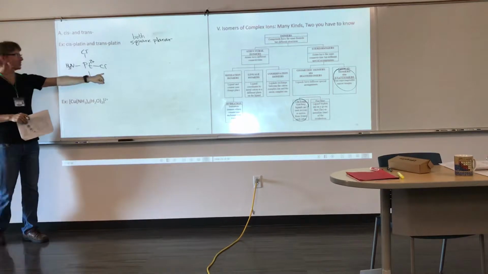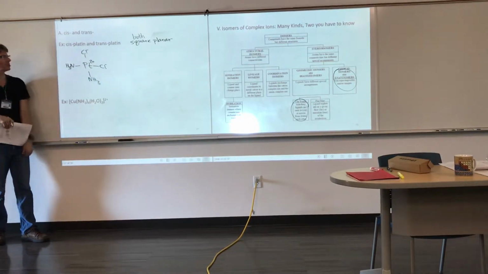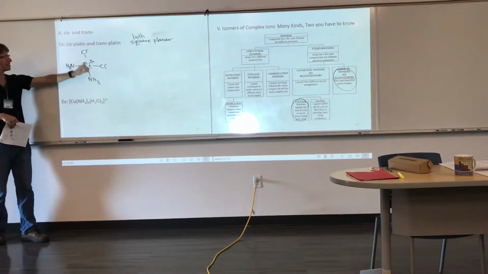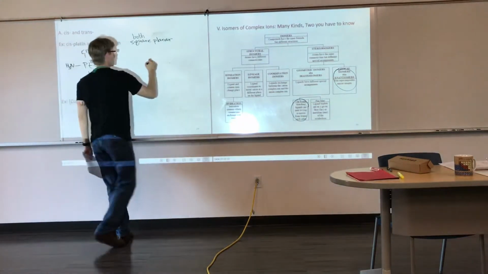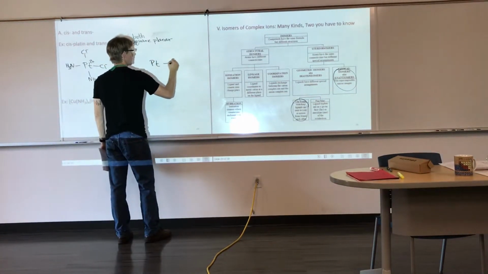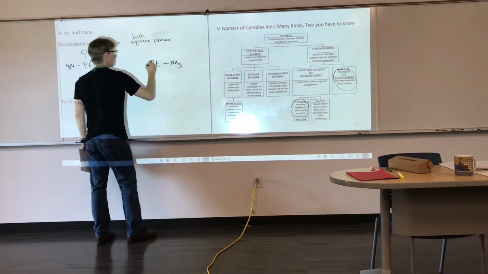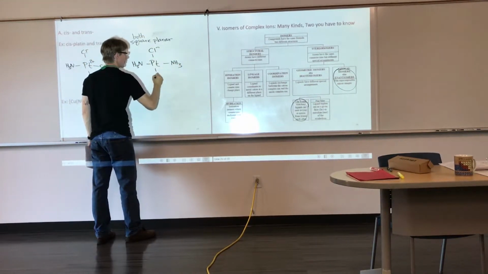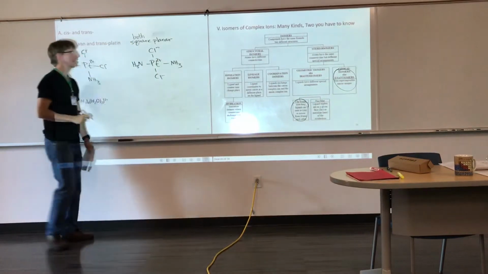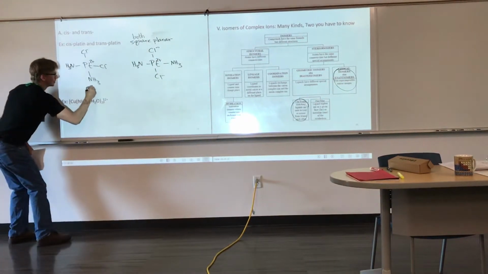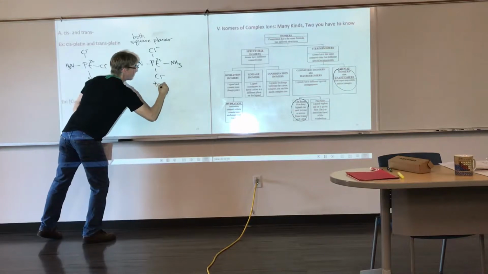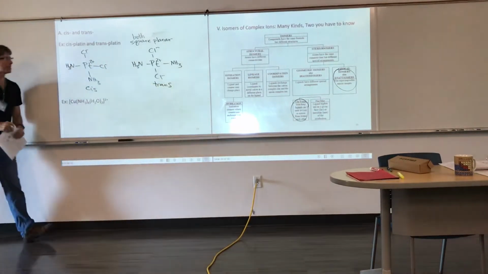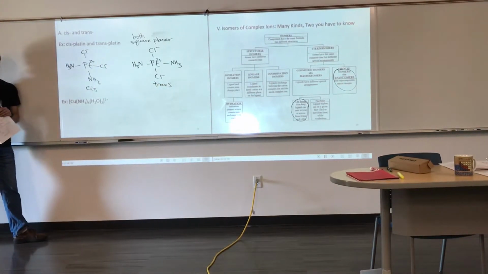This is cis. Cisplatin is going to have the two chloride ions close to each other. Transplatin will have them across from each other.